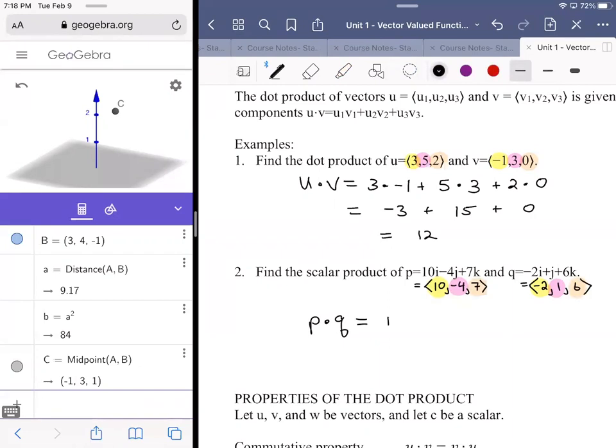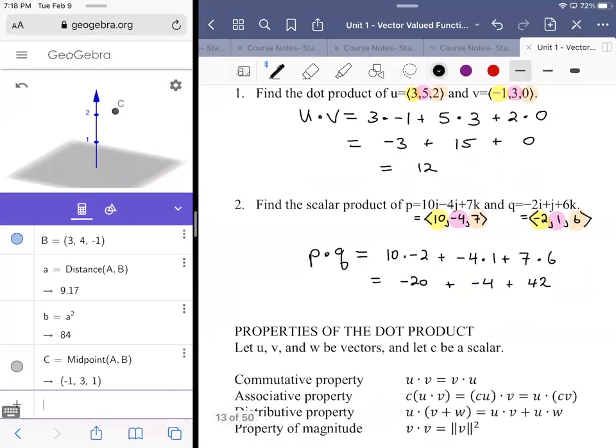All right, so 10 times -2 plus -4 times 1 plus 7 times 6. All right, so we're looking at 18.